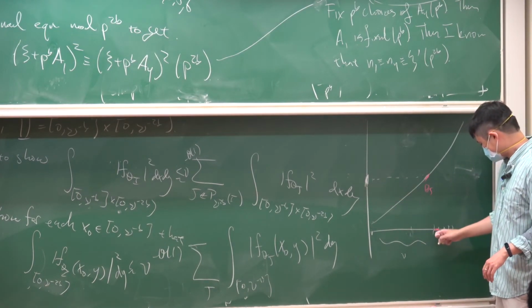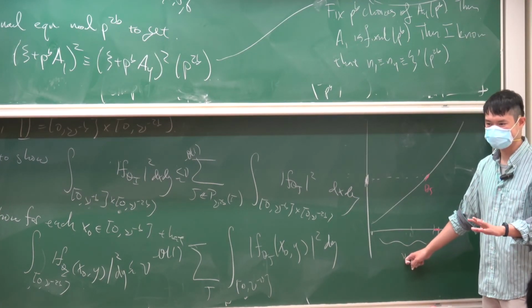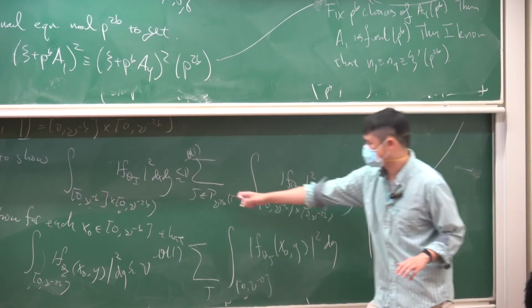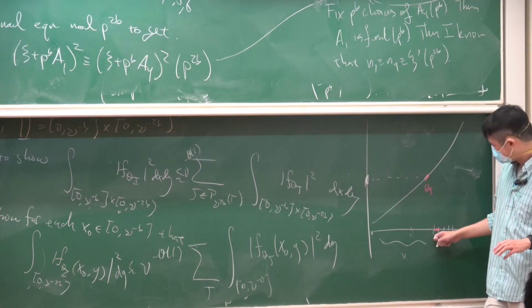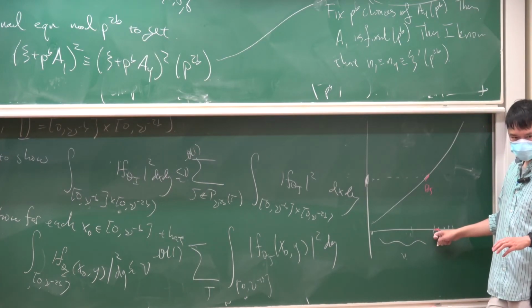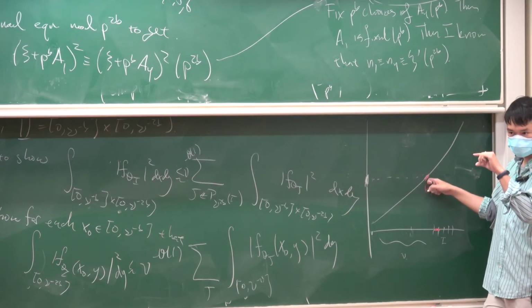Okay, so if I start here, what's the length of this guy? Let's imagine for simplicity that I'm actually a distance 1 away from the origin. You can keep track of powers of nu, and that's exactly why you lose some powers of nu here. If I'm a distance 1 away from the origin, this is of length nu to the 2b. That means this guy is basically of height nu to the 2b.